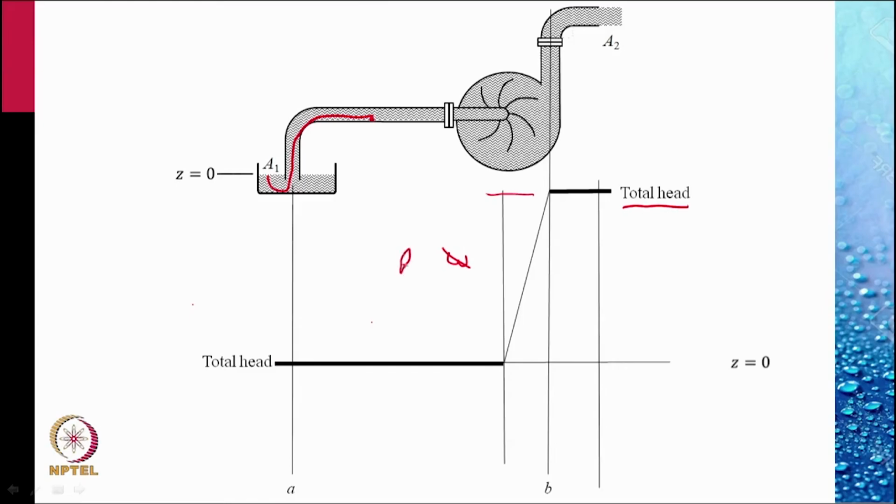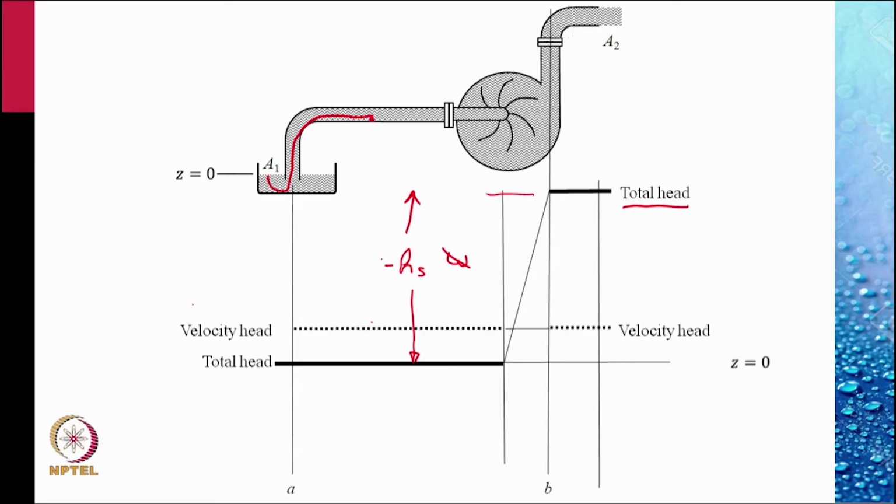This is HS, the head supplied by the pump. It is actually a negative quantity because this is the work done on the system.